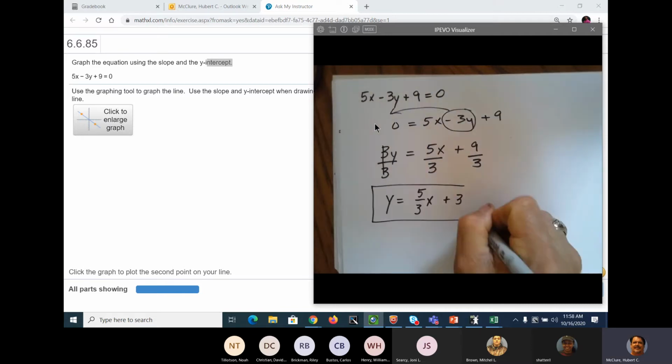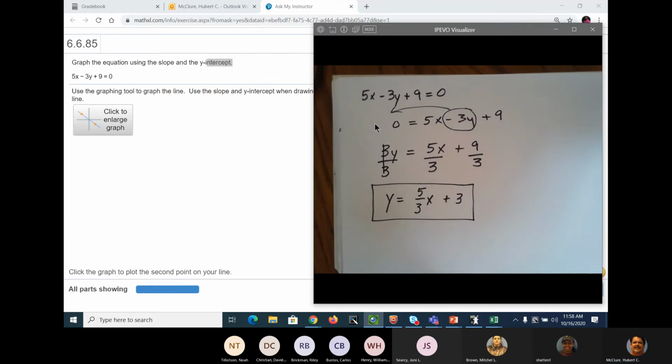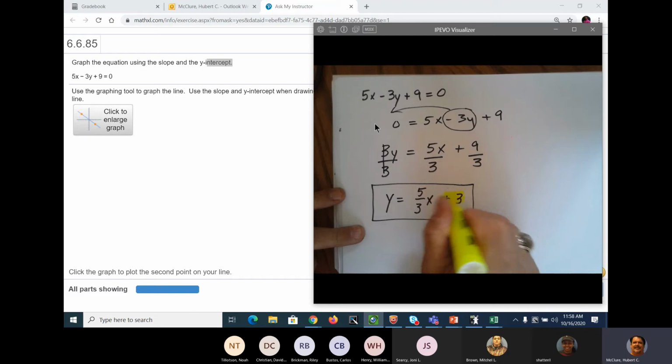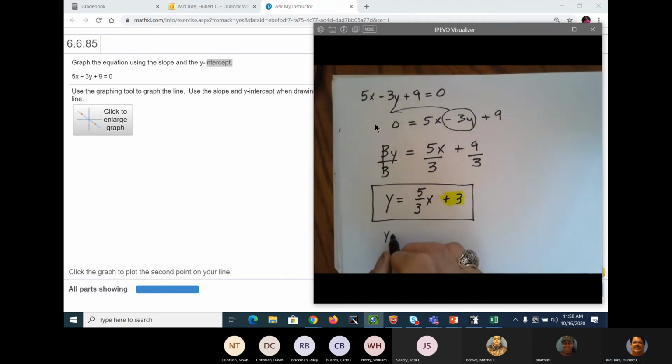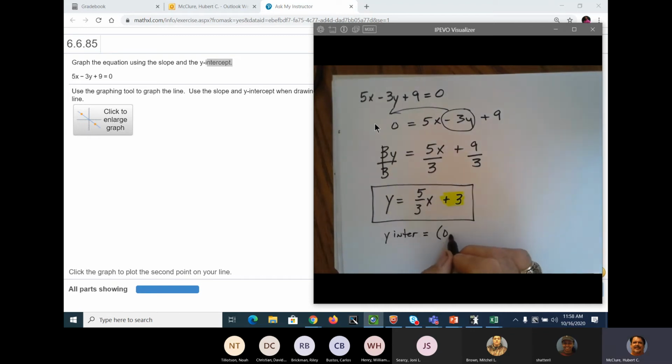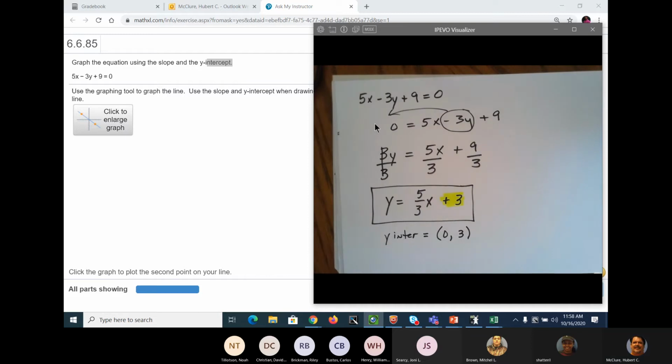Now we can use method 3. Method 3 says find your y-intercept. I'm going to take my highlighters out. My y-intercept is going to be 0, comma, whatever this number is. So my y-intercept is equal to 0, comma, 3. What is my trace line?